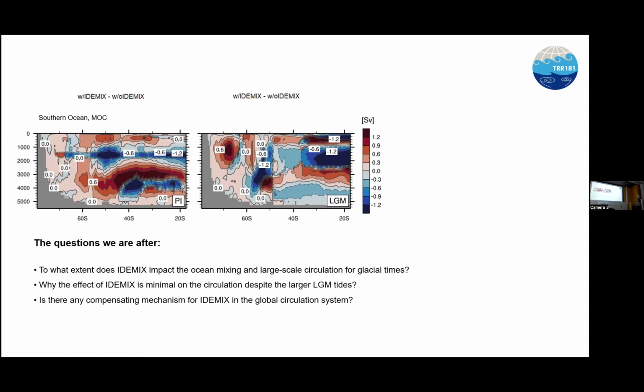I also need to know, and that's one of the suggestions from Frederica, how the water masses change between with and without IDEMIX cases, so how the water mass transformation happened between these two cases. And I may use some expertise in that sense.